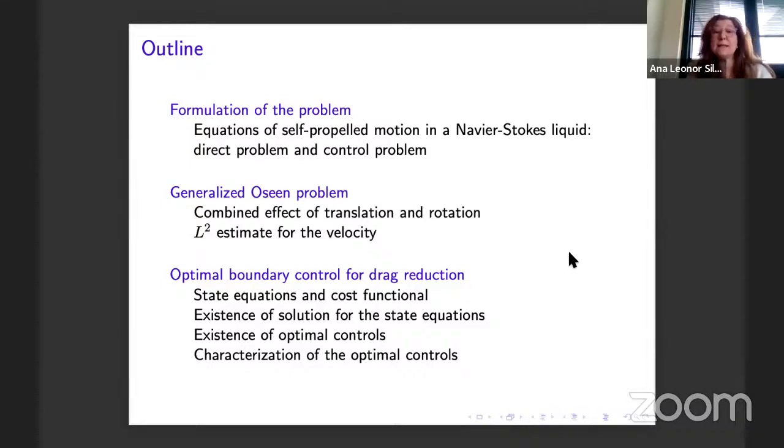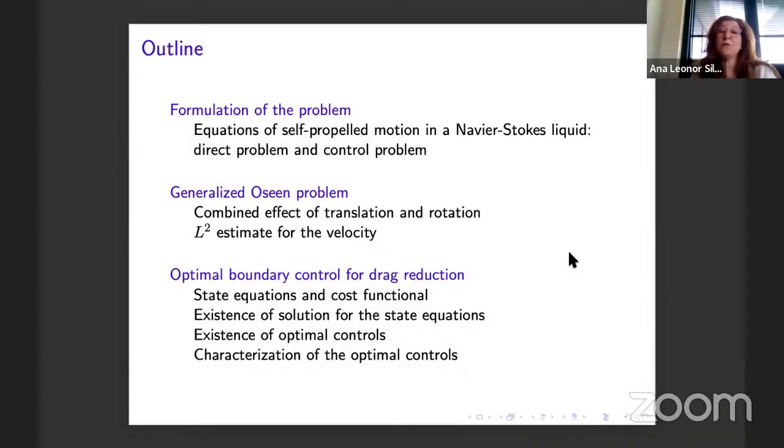Since this is an exterior problem, we are going to need to understand very well what is the asymptotic behavior of the Navier-Stokes solutions, because this is going to be important not only for the analysis of the direct problem, let's say, but also for the formulation and for the solution of the control problem.